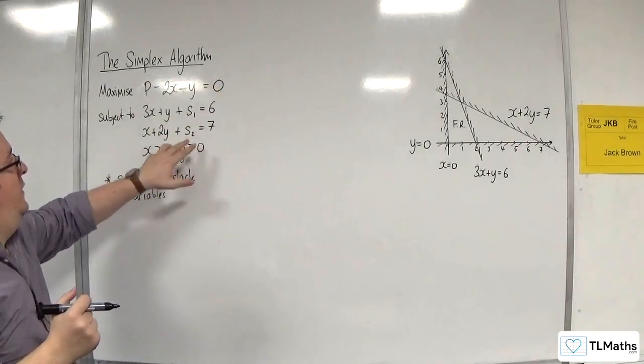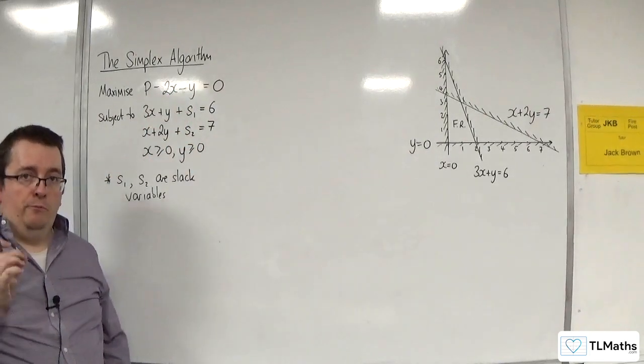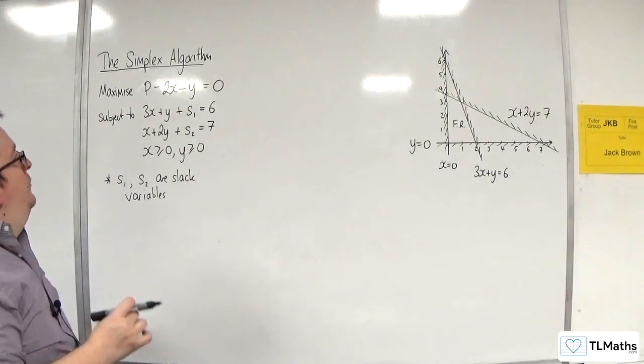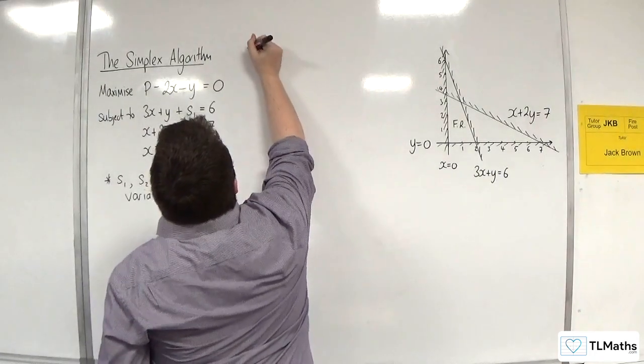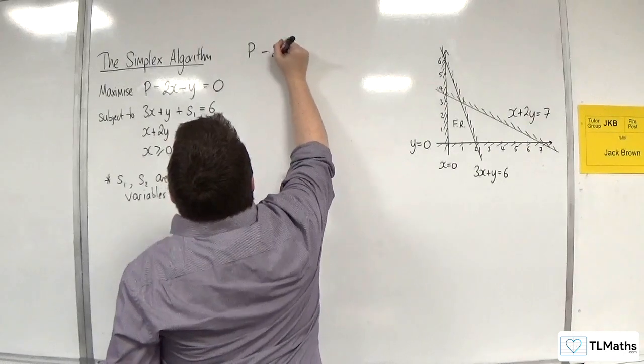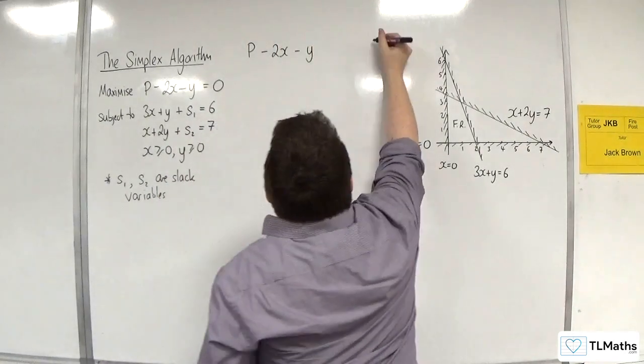So now it is in standard form, and all three are in the same standard form format. So I have three equations. I have P take away 2x, take away y is equal to 0.